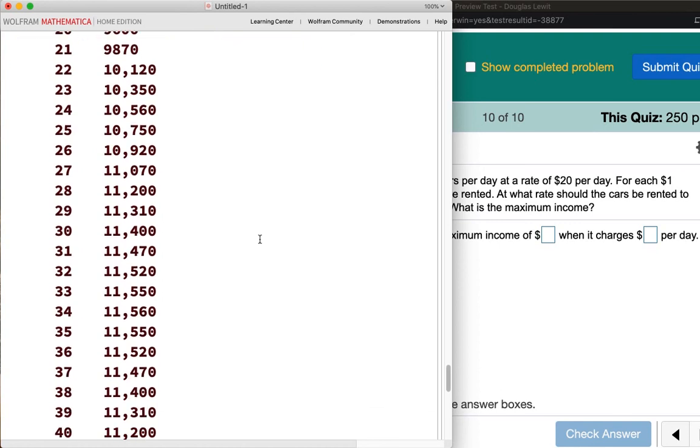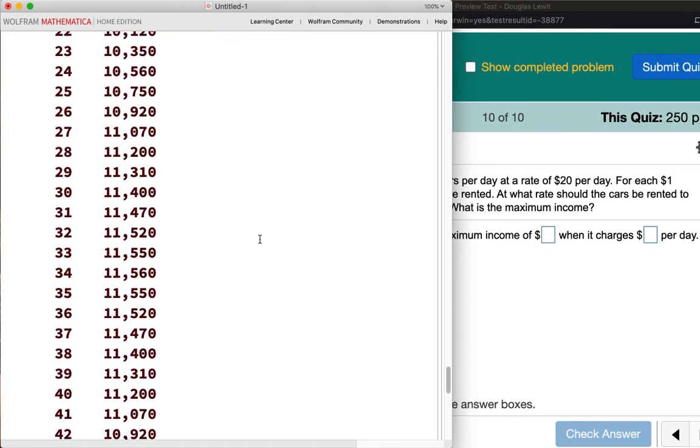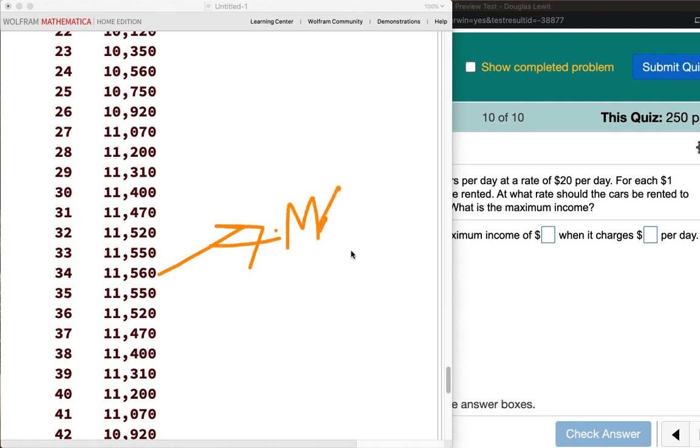Okay, hold on one second. Bigger. Okay, so actually, right over here, the profit looks like it keeps getting bigger and bigger. This right here is the maximum.